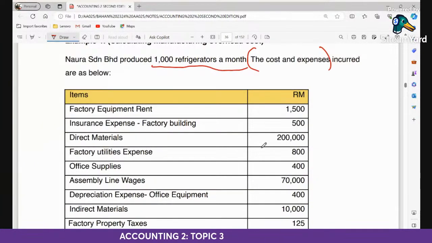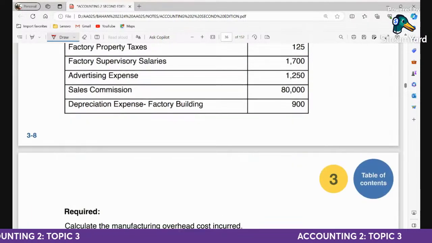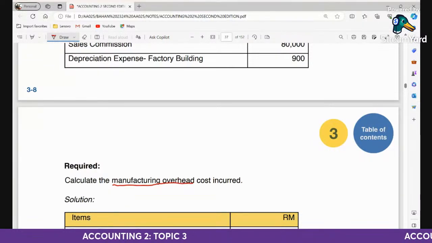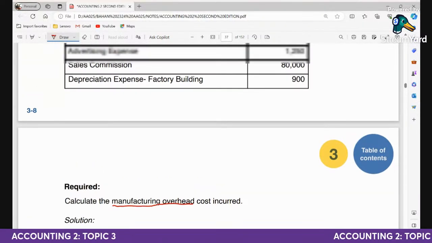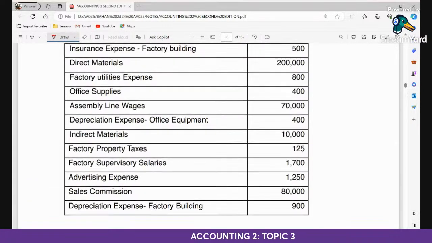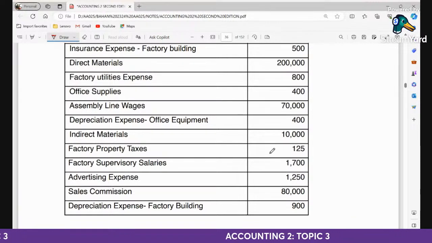Before I am able to calculate the requirement of the question, kita nampak dekat sini soalan minta kita kira manufacturing overhead cost incurred. So I need to go through all the items baru saya boleh classify dan tentukan apa item yang akan masuk dalam MOH, manufacturing overhead.